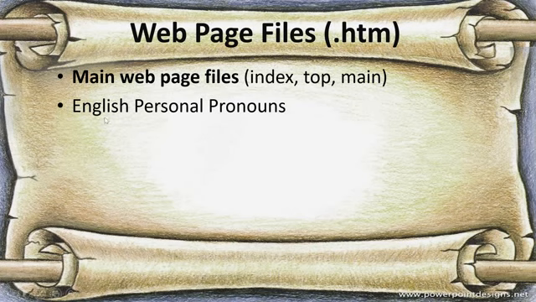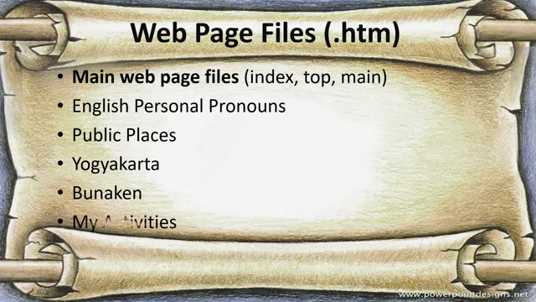The English personal pronouns is the material presentation, and it has four types of exercises: public places, Yogyakarta, Punakan, and my activities. So there are four kinds of exercises here.